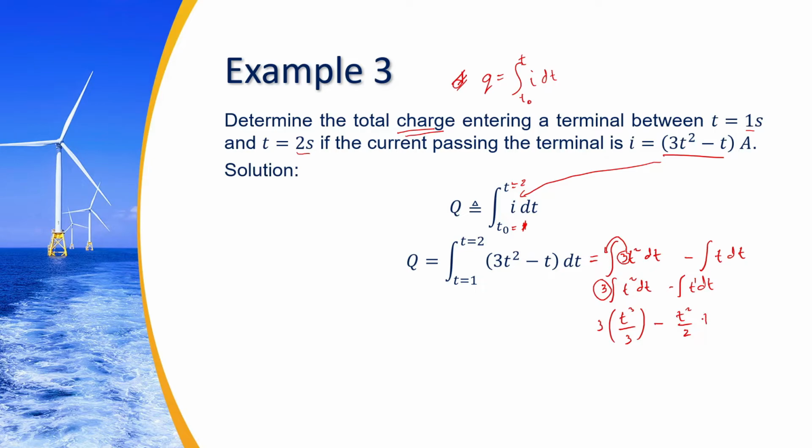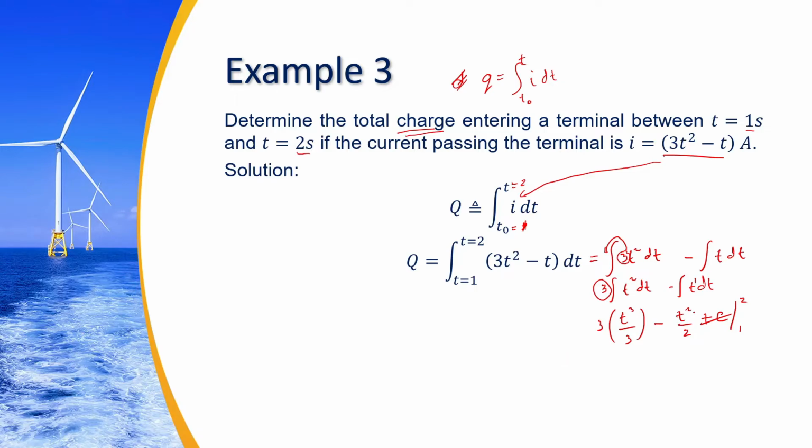So, huwag natin kakalimutan ang plus C. Okay? Pero, since meron tayong given na limits para sa t, pwede natin siyang i-cancel out. Okay? Pero, palitan natin siya ng limits na 1 to 2.